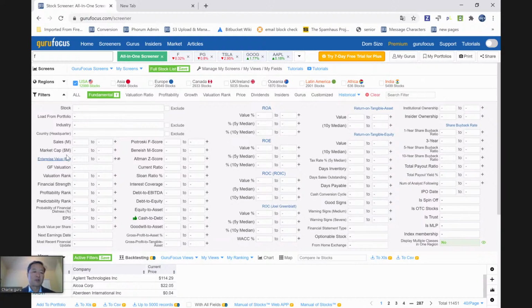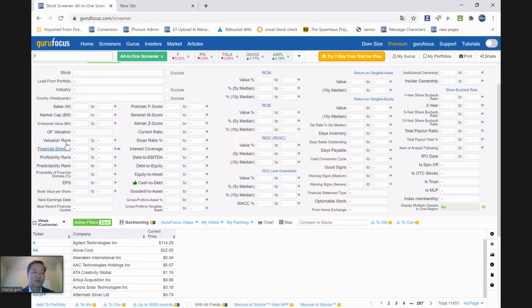The fundamental parameters like sales and market cap are very fundamental ones. Then the quality ranks: GuruFocus quality rank, financial strength rank, profitability rank, and valuation rank.